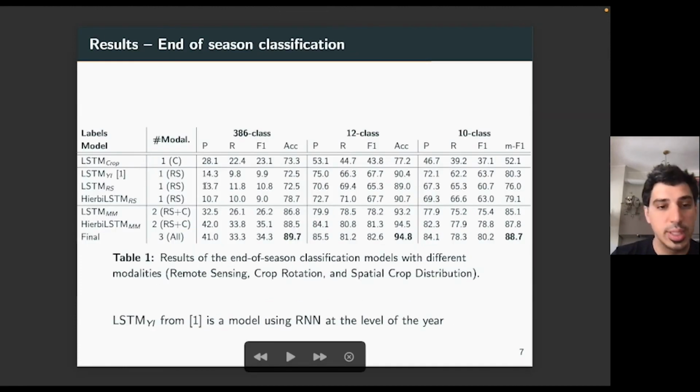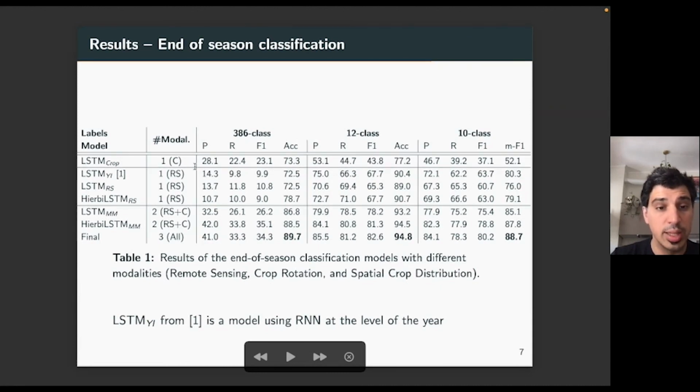Here in the table of results, you can see different models, modalities, and class granularity. What is interesting is we compare to state-of-the-art models, an LSTM that takes each year independently. We can see the results are far better for all the settings.